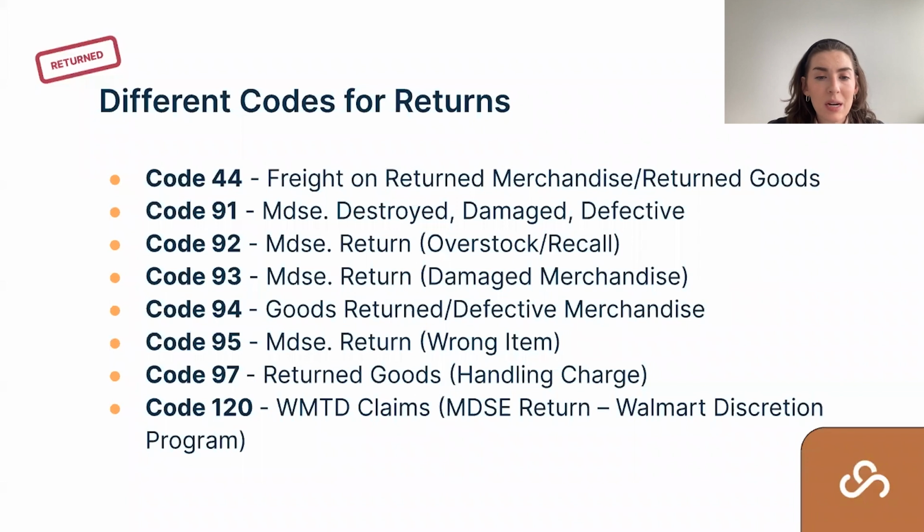Those are pretty similar. It's a handling charge essentially for returning the goods. It's the cost of labor involved for handling those returned goods and getting them to the place they need to be. And then lastly is code 120. This is a Walmart claim that is broken out for the return center. We'll unpack what that means as well, but this is just a quick overview.